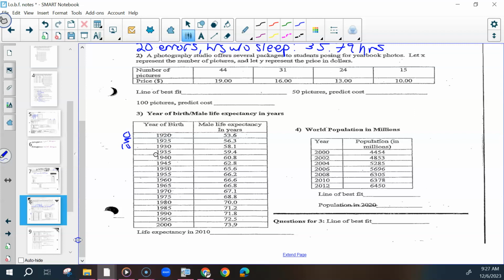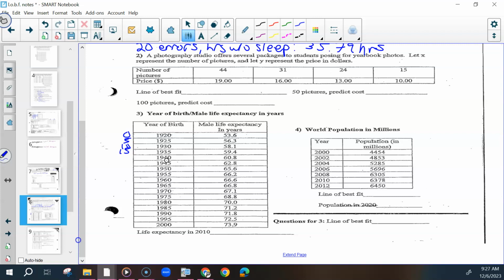1920 to 1935. Now sometimes, if you start to see a pattern, it will follow all the way through. But sometimes that's not the case, so be careful, because they may throw in like a 1957 just because, and then your pattern is thrown off, and then your numbers are thrown off.